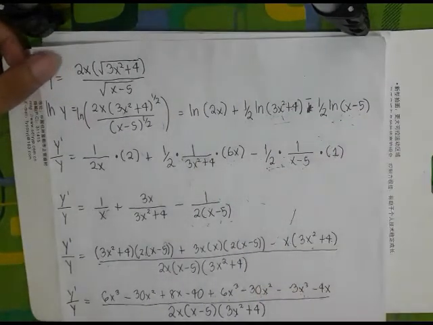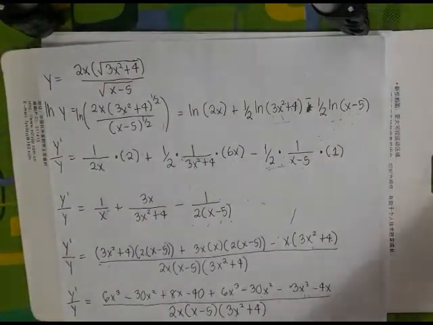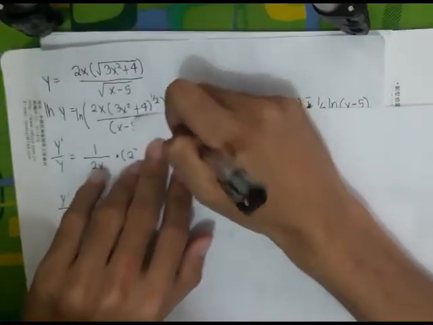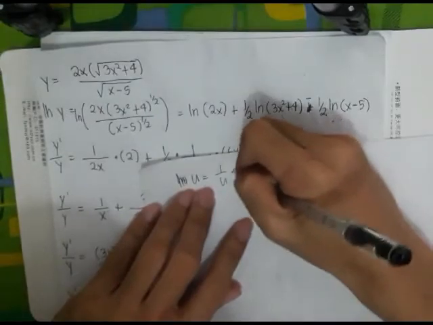In deriving this, we apply the property that the derivative of ln u is 1 over u times u prime.